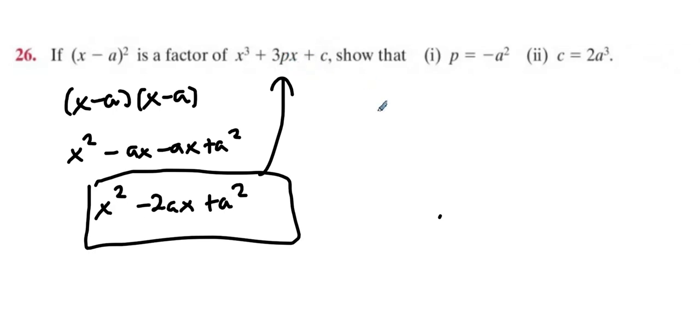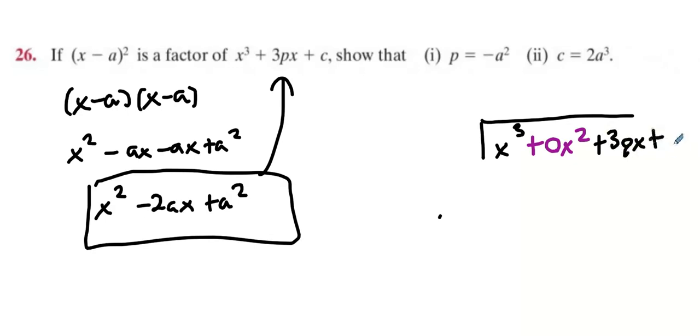Remember the way we always set it up? We always set it up as x cubed plus 0x squared, because that's not there currently, your 3px and your c.